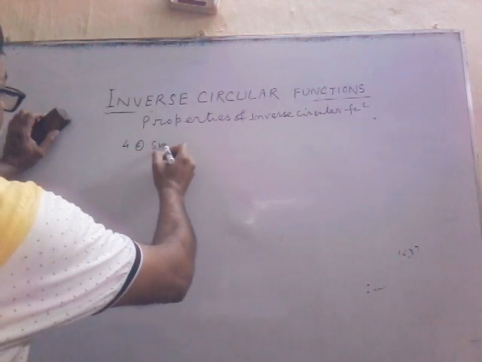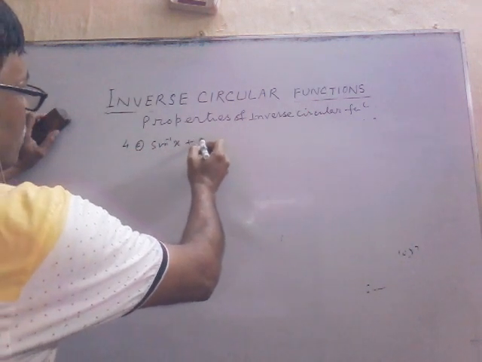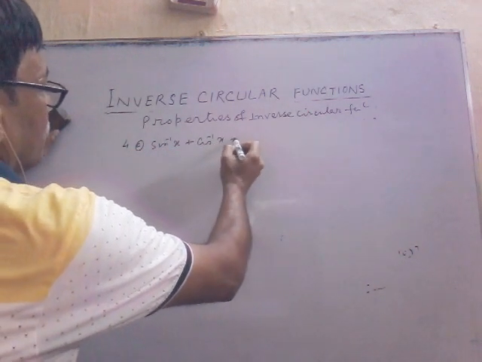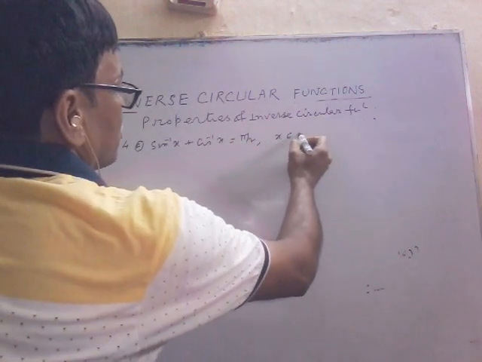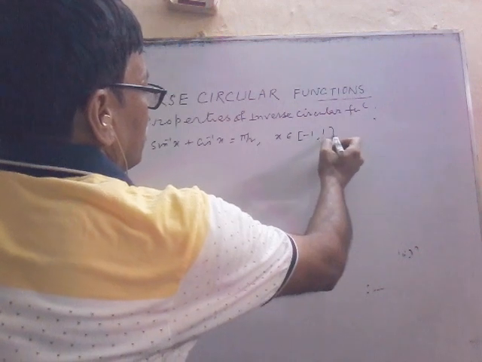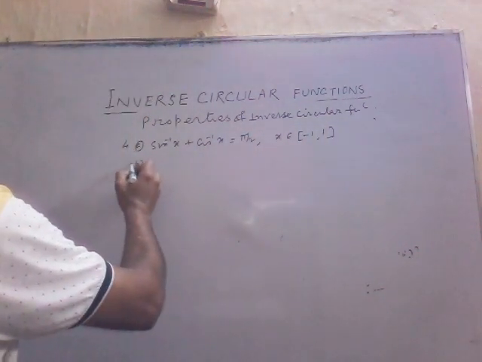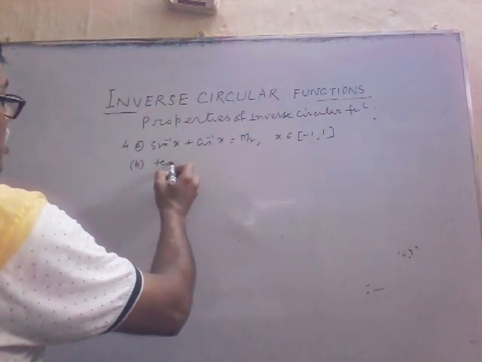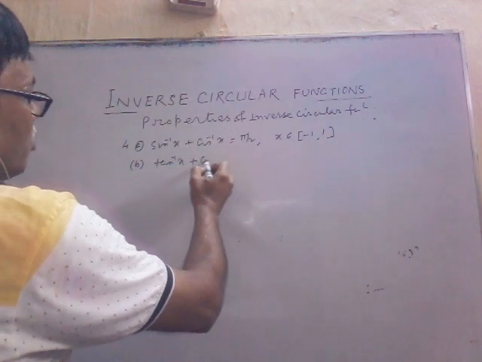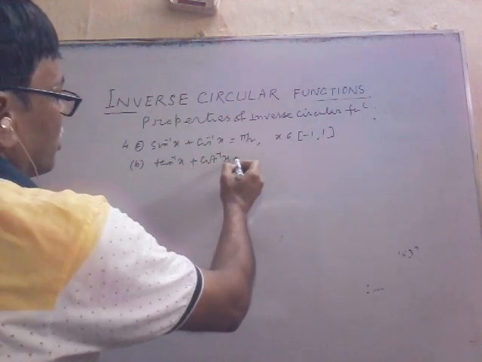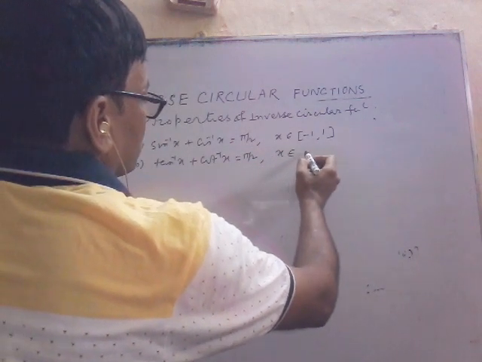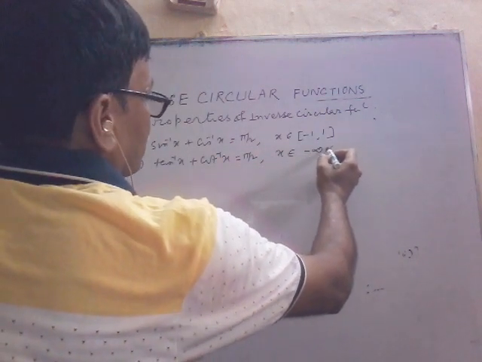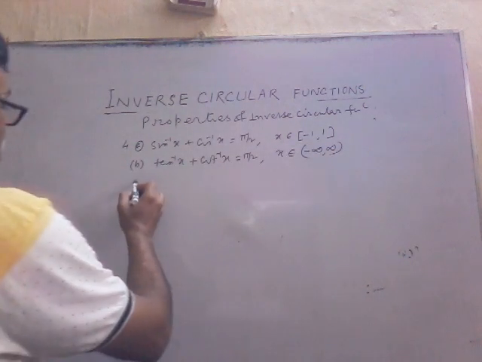Sine inverse x plus cos inverse x equals pi by 2, x belongs to minus 1 to plus 1. Tan inverse x plus cot inverse x equals pi by 2, x belongs to minus infinity to plus infinity.